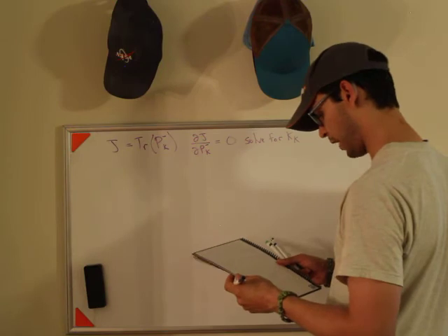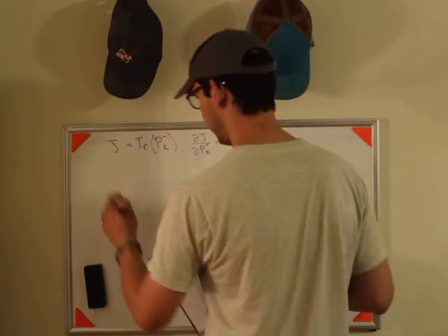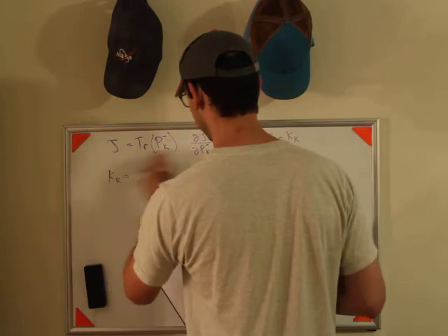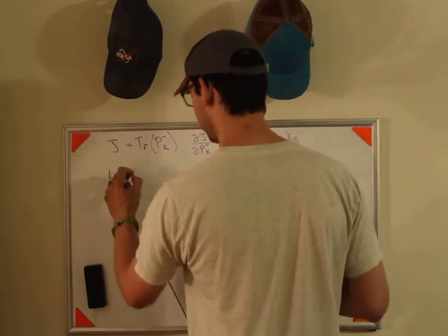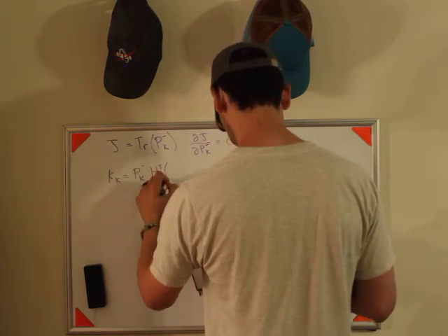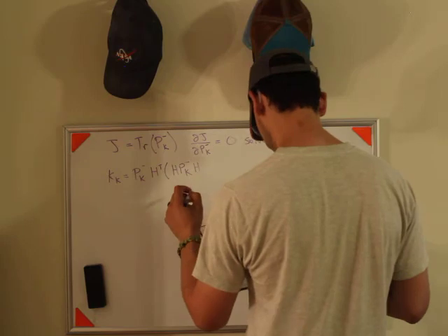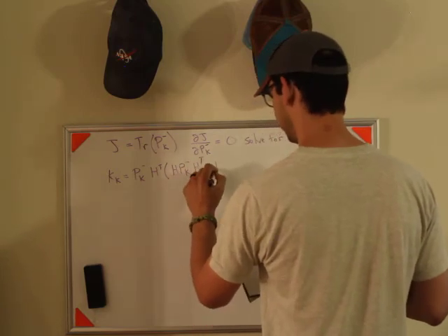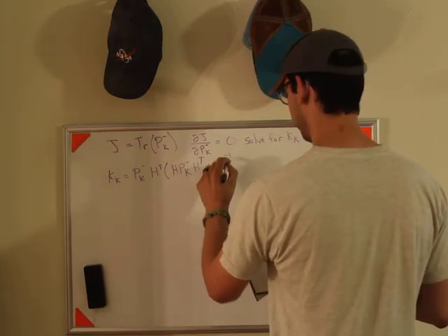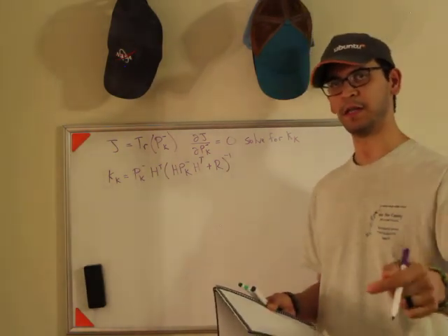They derive this for us using a lot of linear algebra rules, and they get that the Kalman gain matrix that satisfies this minimization is Pk minus H transpose times the inverse of H Pk minus H transpose plus R. And remember, R is the covariance estimate of the noise of your measurement.